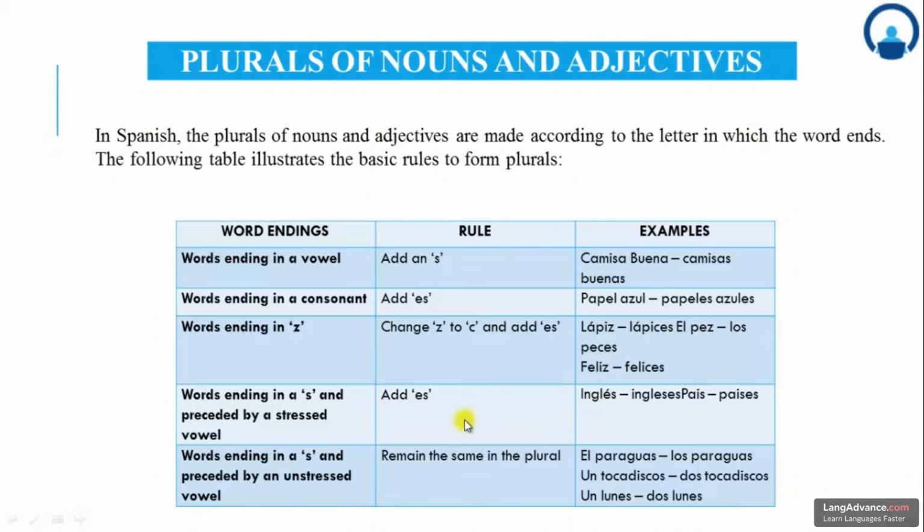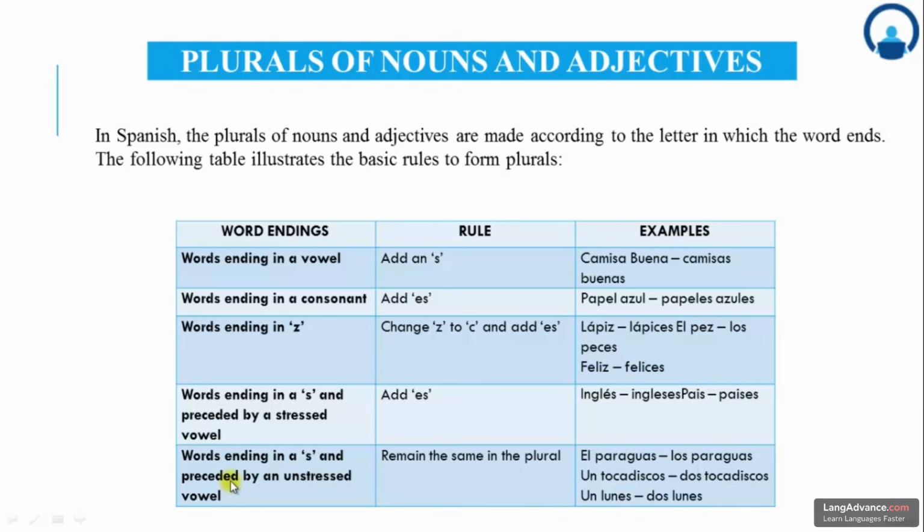So it has the same rule, we have to add ES. That is ingleses. Similarly for país. País means country. Over here before S the I is stressed. So just add ES. It becomes países, countries.